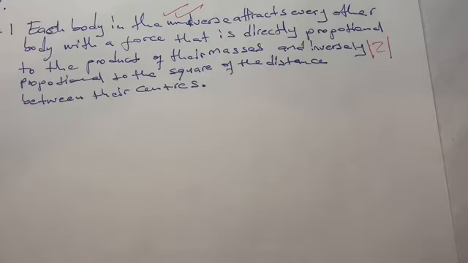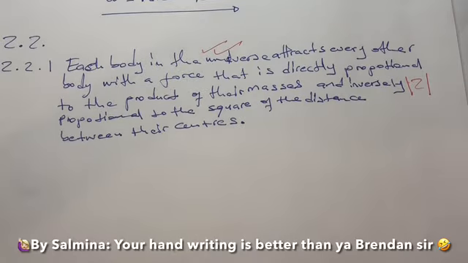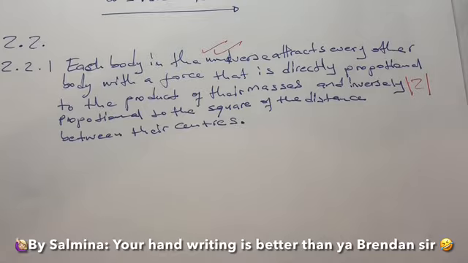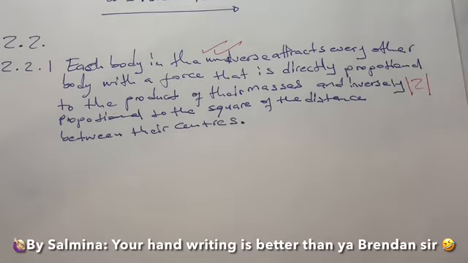Each body in the universe attracts every other body with a force that is directly proportional to the product of their masses and inversely proportional to the square of the distance between their centers.